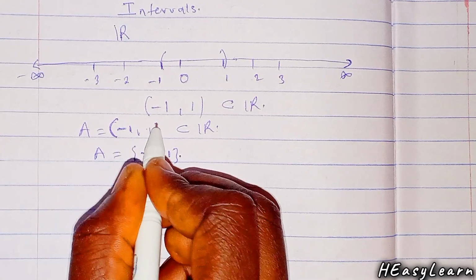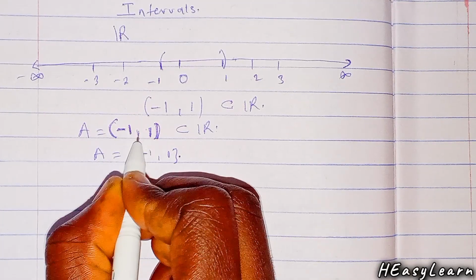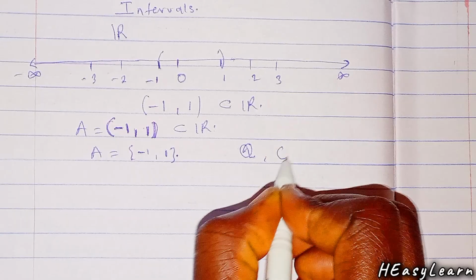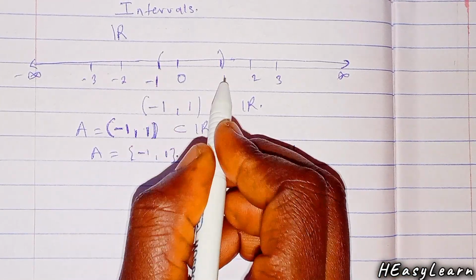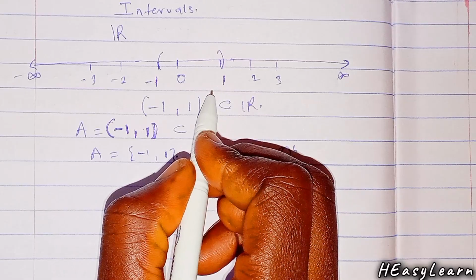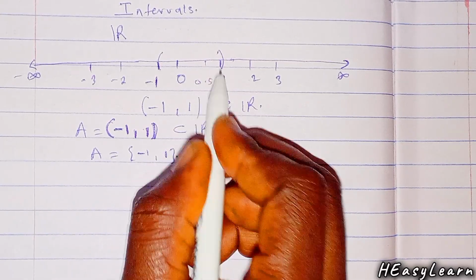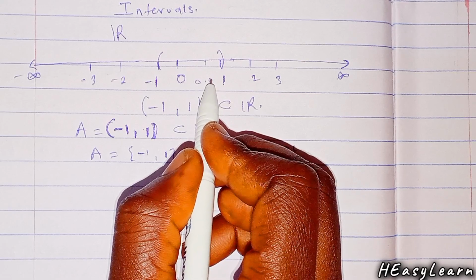But this interval, we call it an interval because between minus 1 and 1, there are a lot of fractions, a lot of rational numbers and irrational numbers. Even from 1 to 0.5, a lot of rational and irrational numbers are there.